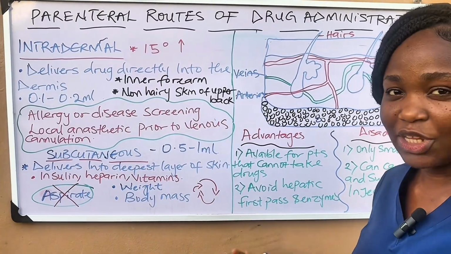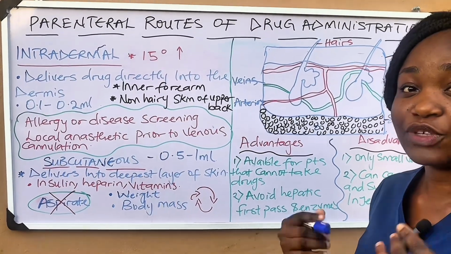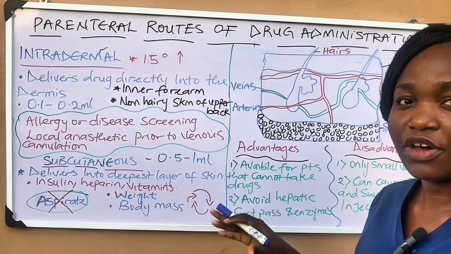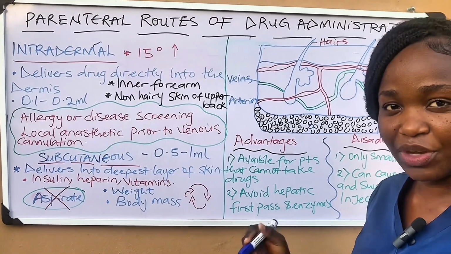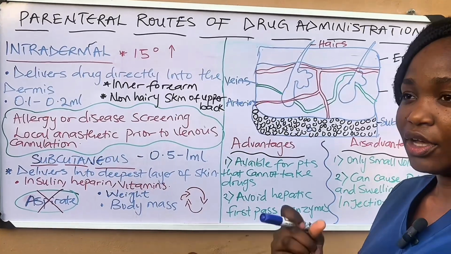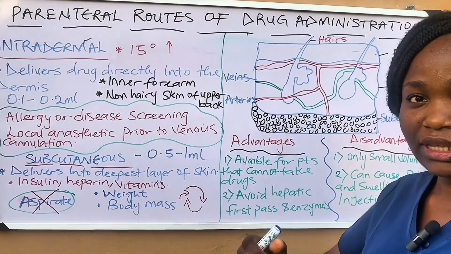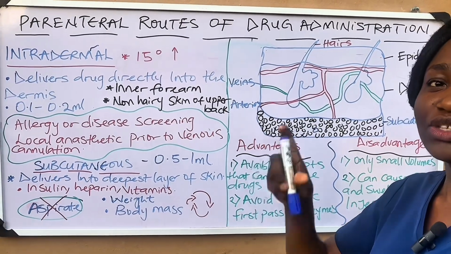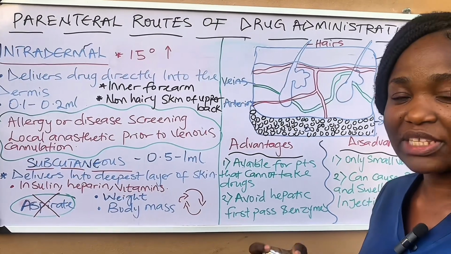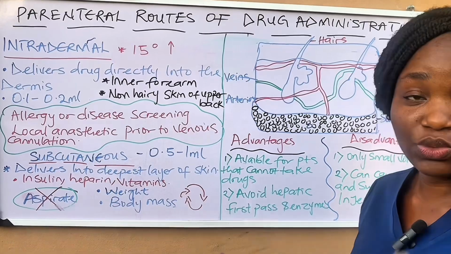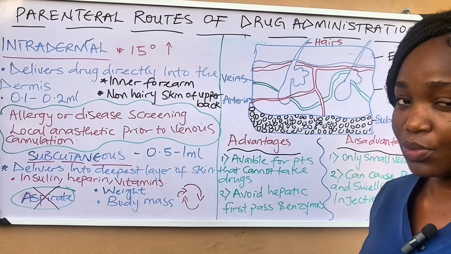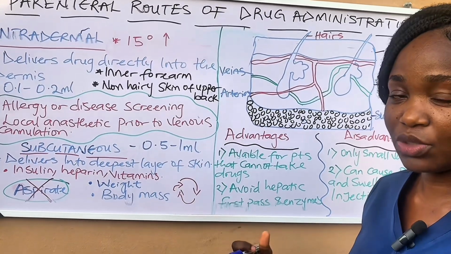If it's an averagely weighted patient, you can give it at 45 degrees, which is the normal route. But if this happens to be a very thin patient, you can pinch some part of the skin and give it at 90 degrees. The reason for considering weight is that different people have different body mass and also different weights. So we consider all of these things during the subcutaneous route of drug administration.